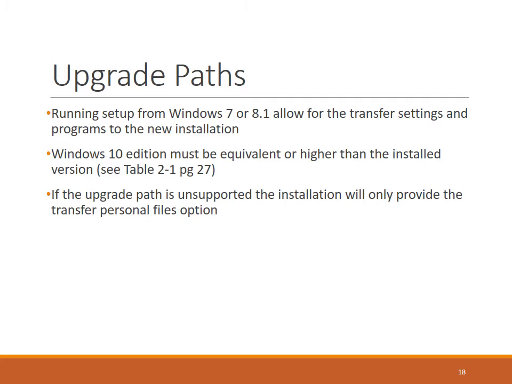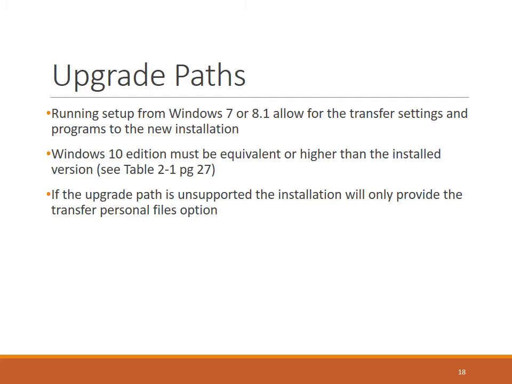But in previous versions of the operating system, for example, Windows 7 had several different versions. They had Starter being the very most basic. They had Home Basic, Home Premium, Professional, Enterprise, and Ultimate. So that table in your book will list which editions your upgrade will allow you to upgrade to.